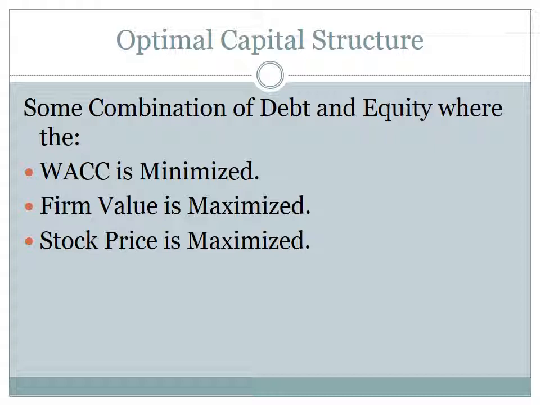And firms will review this probably semi-annually, possibly annually, to make sure that they're at the proper mix of debt and equity financing to minimize that overall cost of capital, precisely for the reason that I talked about in the very first slide. We're coming full circle now: if we minimize that cost of capital, we maximize firm value, right? Because we maximize the net present value of all the projects, and whenever you maximize firm value, you maximize the stock price.